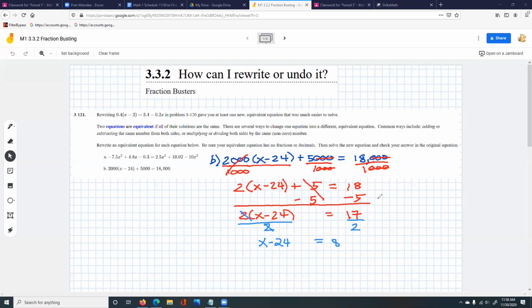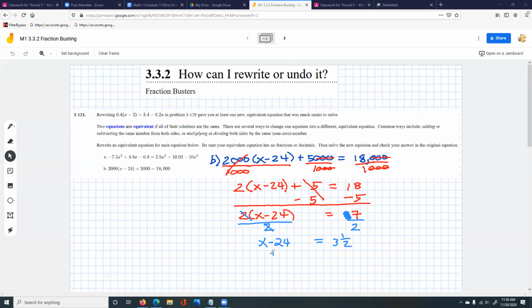That's not 17, sorry, that's supposed to be 7. Thank you. 18 minus 5 is 7, not 17. So 7 divided by 2 is 3.5. So let me erase that and put 3.5. There we go.